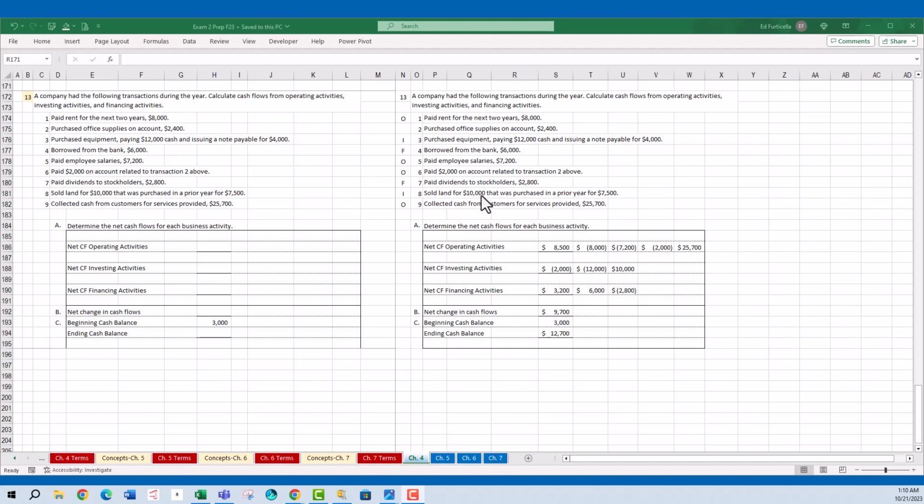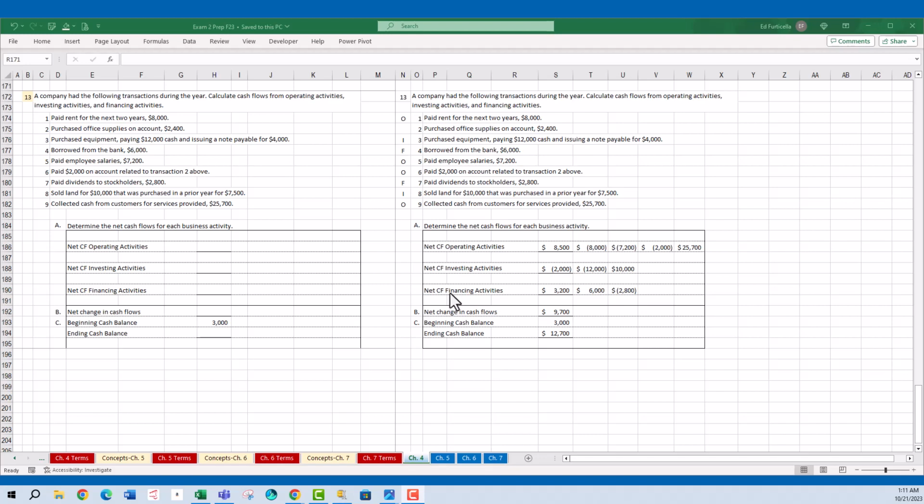When we sold land for $10,000 that we had purchased for $7,500, the cash flow is $10,000. It's an inflow because we're receiving cash. So the net cash flow for investing activities is a cash outflow of $12,000 and a cash inflow of $10,000 for a net cash outflow of $2,000.